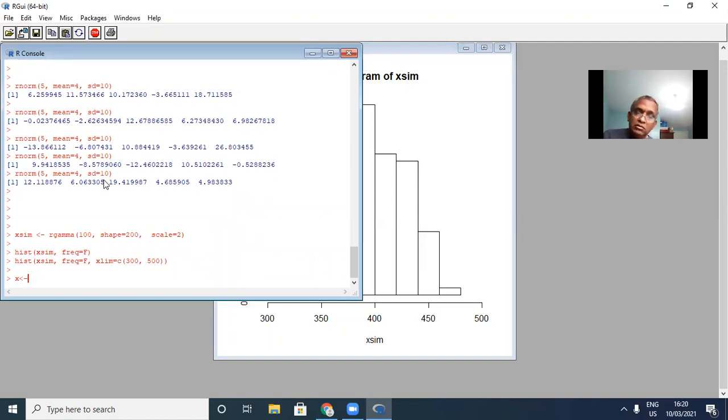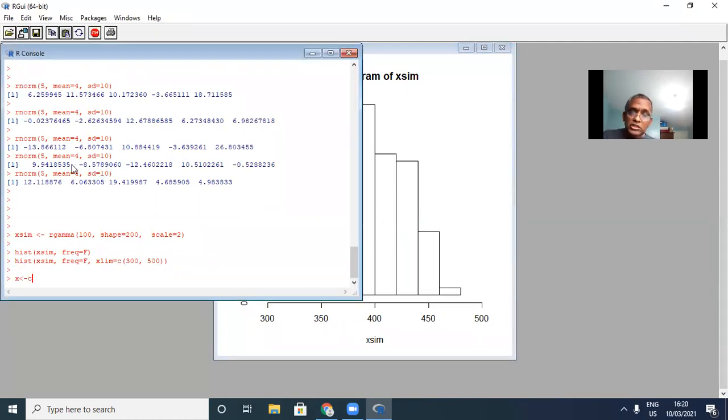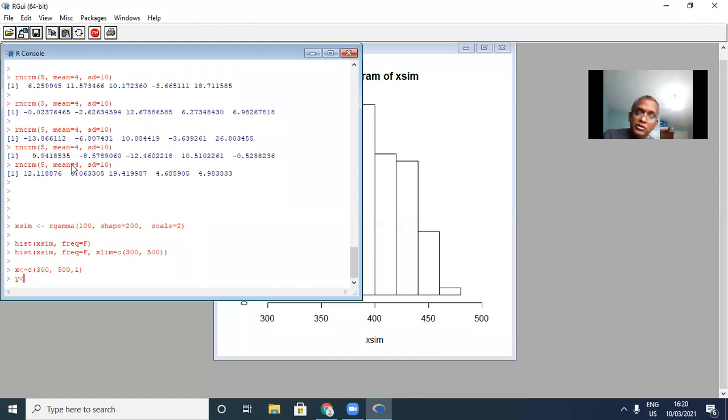All right, now what I'm going to do is plot on top of this histogram the density of the gamma that I simulated from, right? So for that, let me first define a sequence from 300 to 500, say in steps of 1, and let me define y to be dgamma, or the density of the gamma at x, with shape equal to 200 and scale equal to 2.